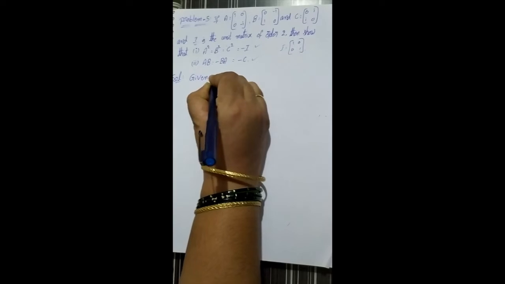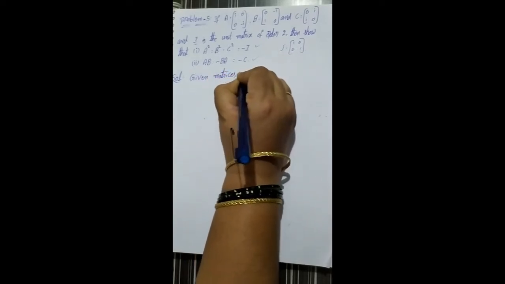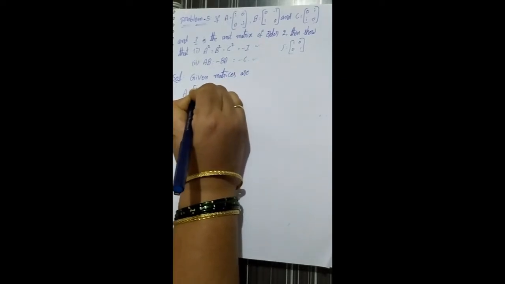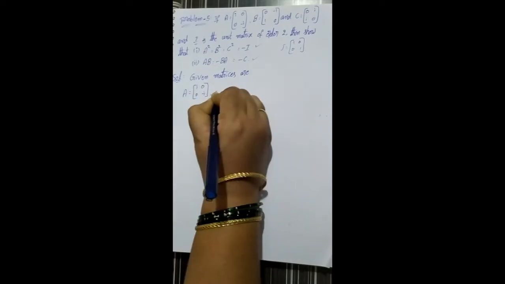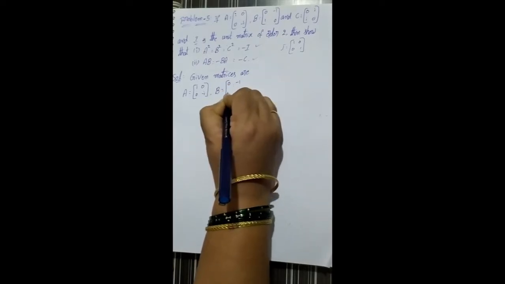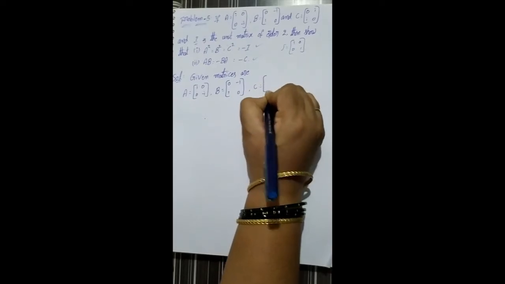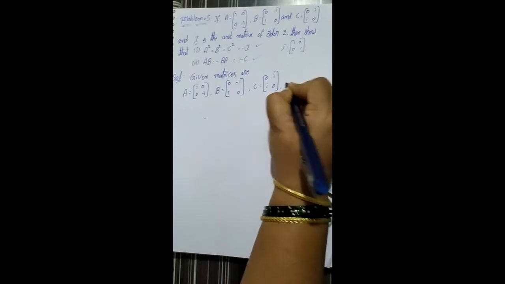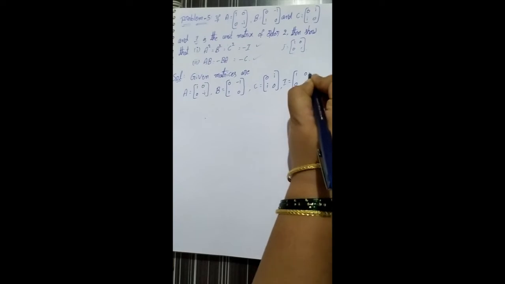Write down the given matrices. The first matrix A is equal to [i, 0; 0, -i], matrix B equals [0, -1; 1, 0], matrix C equals [0, i; i, 0], and the unit matrix I equals [1, 0; 0, 1].